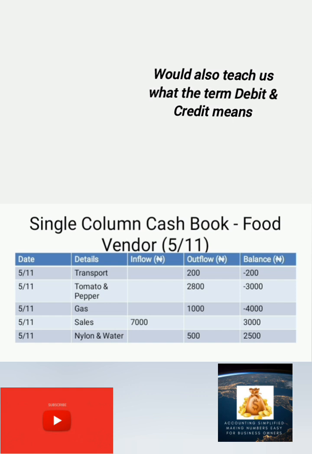We've heard of the word debit, we've heard of the word credit. It simply means, when you hear debit, it means money is coming in. When you hear credit, it means money is going out. But it has to do with respect to the particular account per se. But we'll talk about that in more detail in my next video, where I'll be teaching us how to determine profit using your cash book.